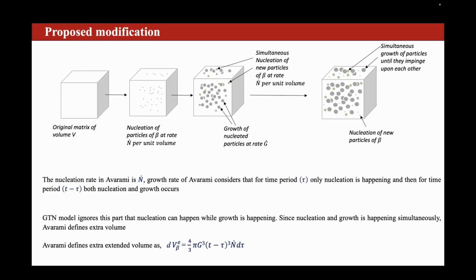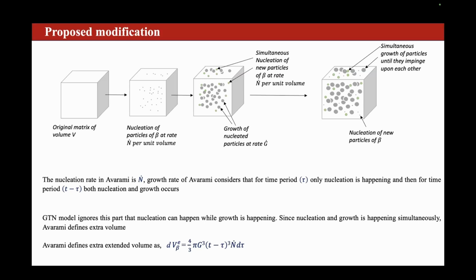So I have taken this idea and implemented it into our model for void growth and collisions. Avrami defines that for, let's say, time period 0 to tau, the nucleation of beta particles happens, and from time period tau to t, the voids are growing as well as new voids are nucleating in that ungrown area.